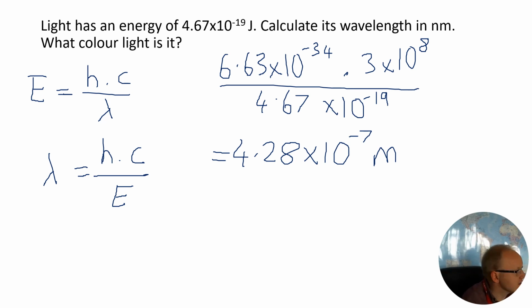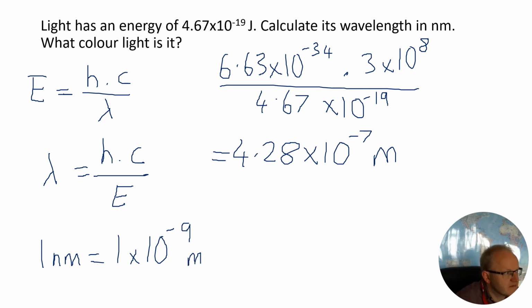Now, I've not quite answered the question yet, because we need to put it into nanometers. Well, we know that 1 nanometer is the same as 1 times 10 to the minus 9 meters. That's what a nanometer means, a billionth of a meter.